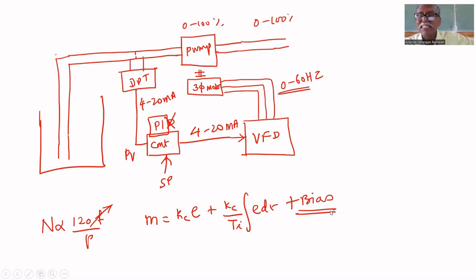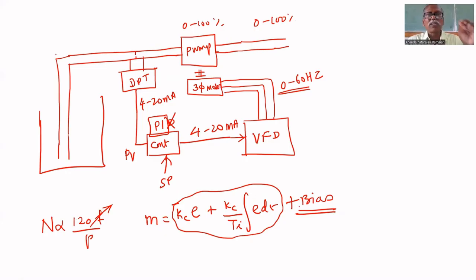In the previous class, I said if you transfer from manual mode to auto mode, what is happening? What I told you is this formula is implemented in the controller. Before that, what is that? M equal to bias only. It means in manual mode, we are adjusting the bias.